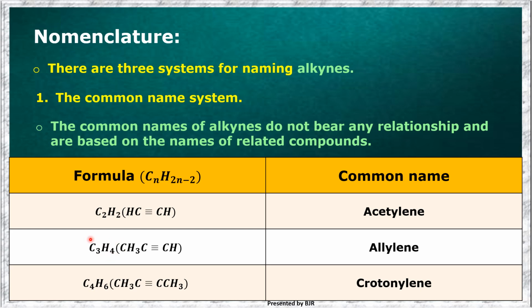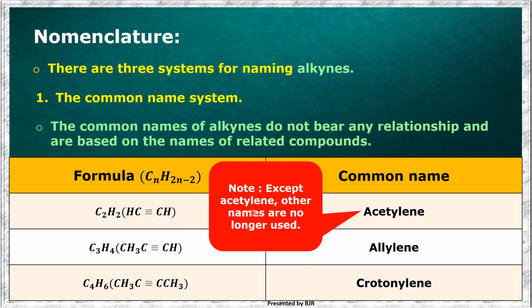So in this molecule, 1 carbon and 2 hydrogen atoms are more than in this molecule. So alkynes form a homologous series. And except acetylene, other common names are no longer used.